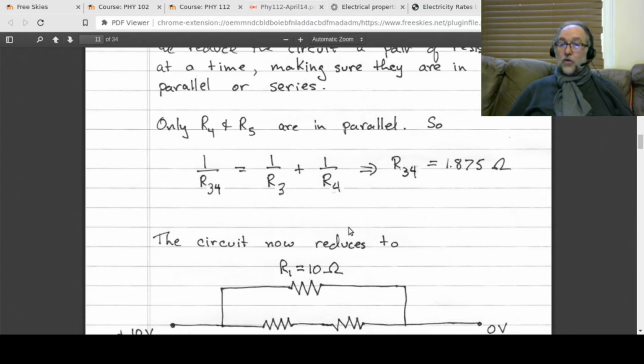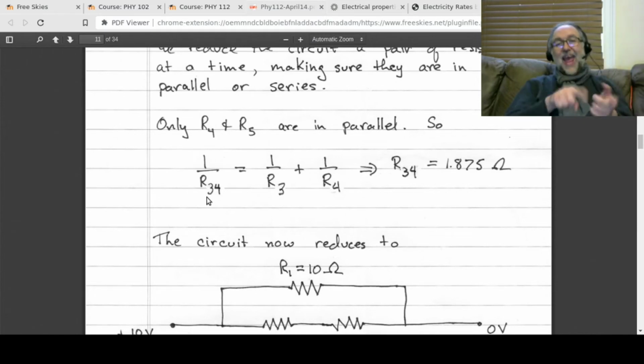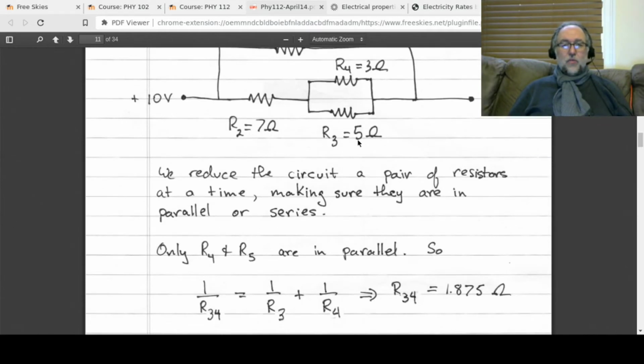Now the way I'm going to do the equivalent resistance for 3 and 4 is I'm going to call it R34. So R34 means the equivalent resistance for R3 and R4. Okay, I think that notation kind of makes sense. And I didn't even show you the algebra or the arithmetic. It's kind of boring. But basically, for R3, I put in 5, and for R4, I put in 3 ohms.